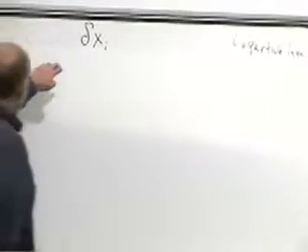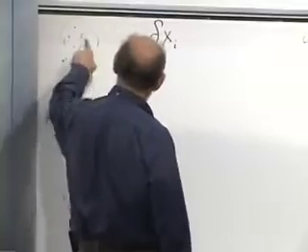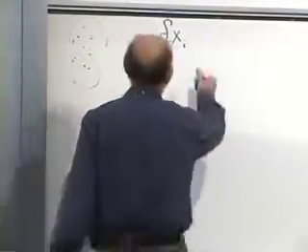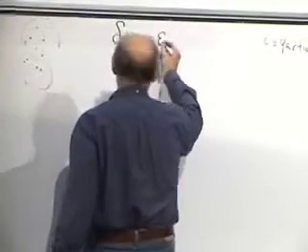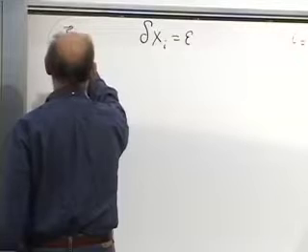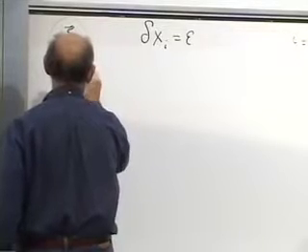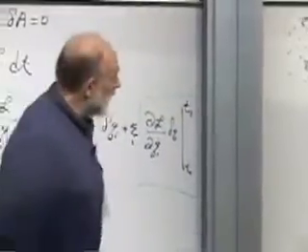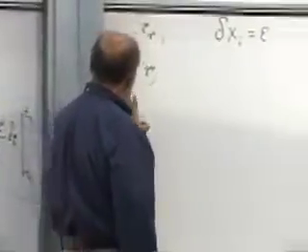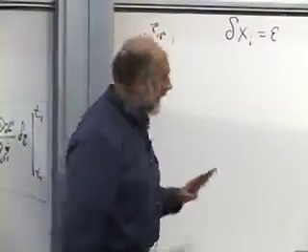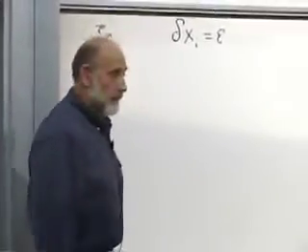So delta x sub I means the change in the x coordinate of the ith particle. And that's just epsilon. They all move together by an amount epsilon. All of them. And furthermore, it doesn't depend on where you are. You just translate by amount epsilon wherever you happen to be. Same amount, always the same.